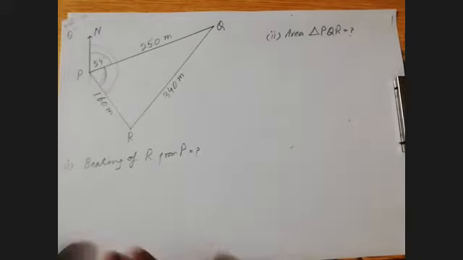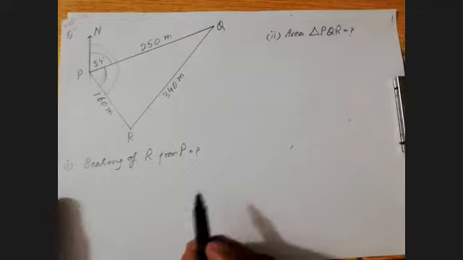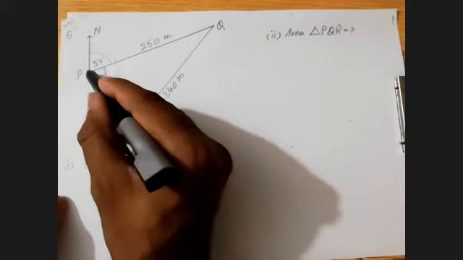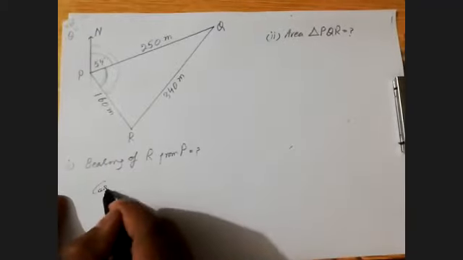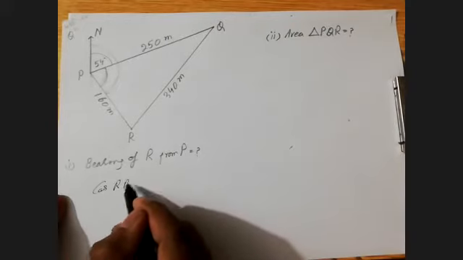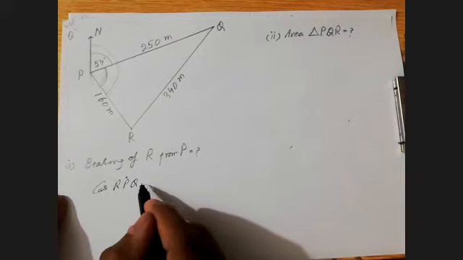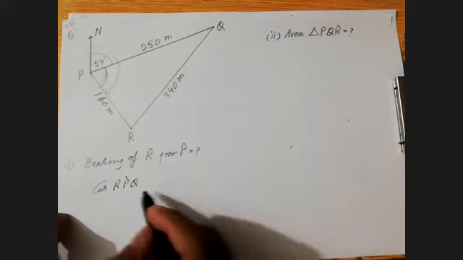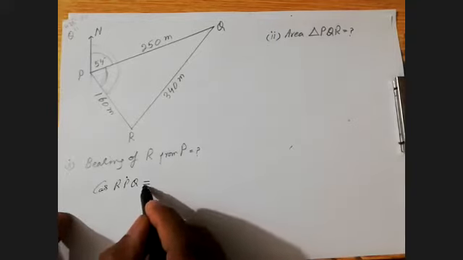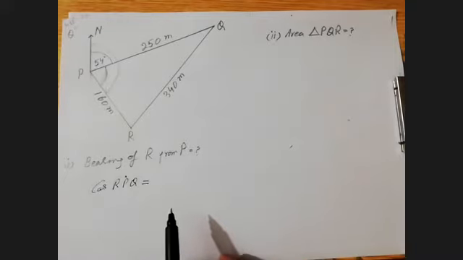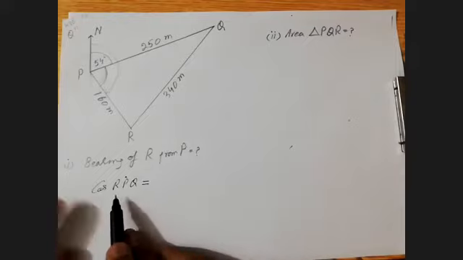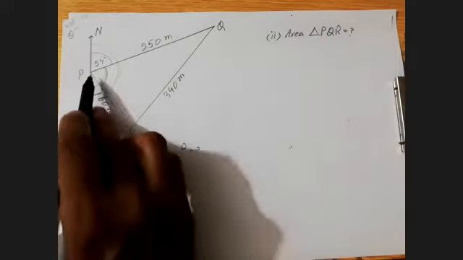Well guys, now please apply the cosine rule. As you know, we are going to find this angle RPQ, cos of angle R is equal to, well, now you can see that we have to find RPQ.